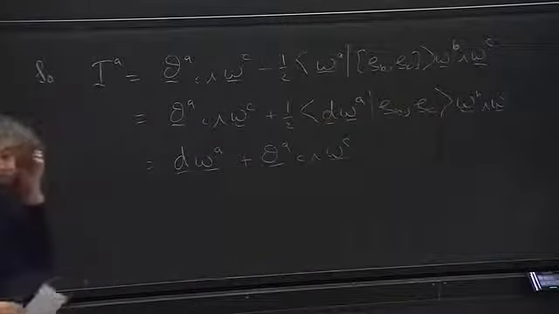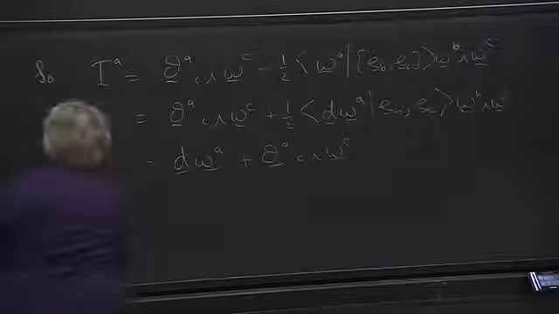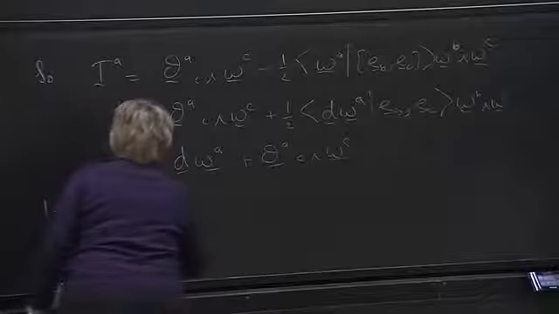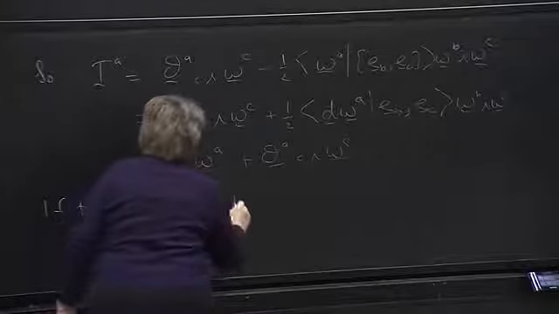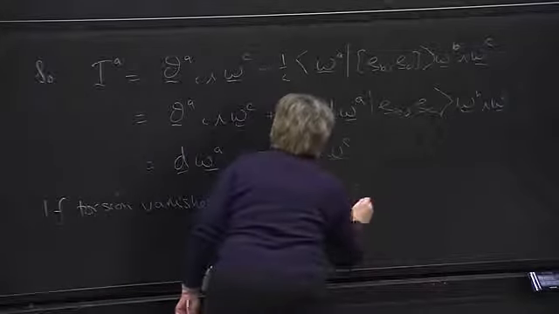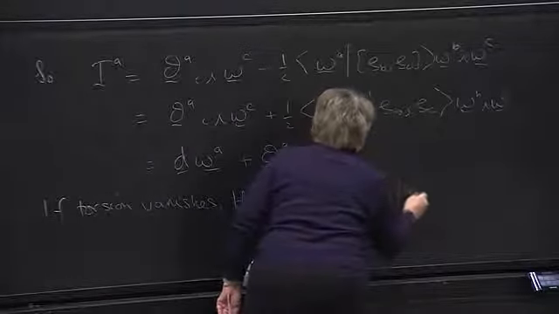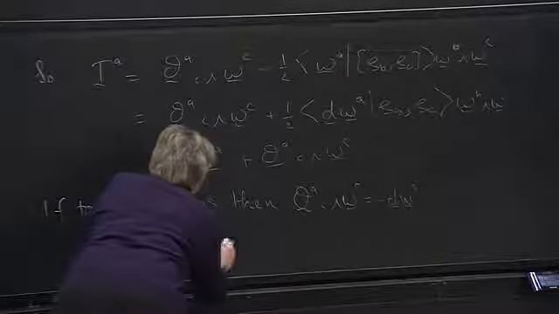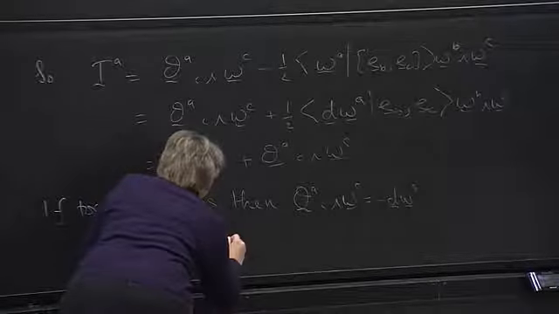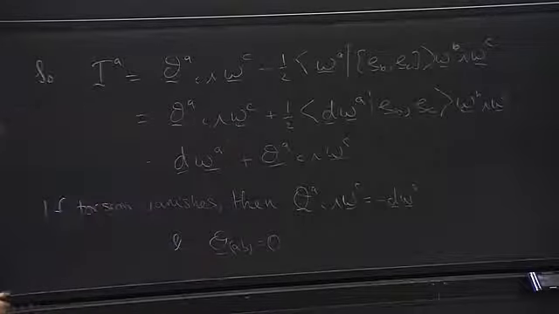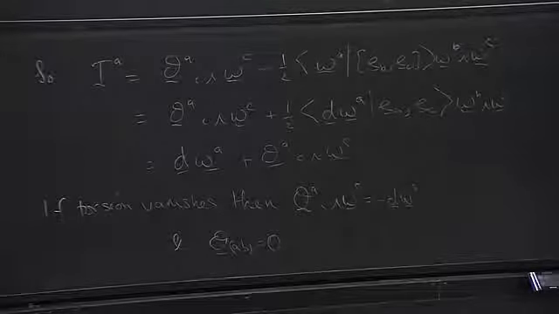And so if the torsion vanishes, I can find my connection components simply by differentiating the basis 1 forms.